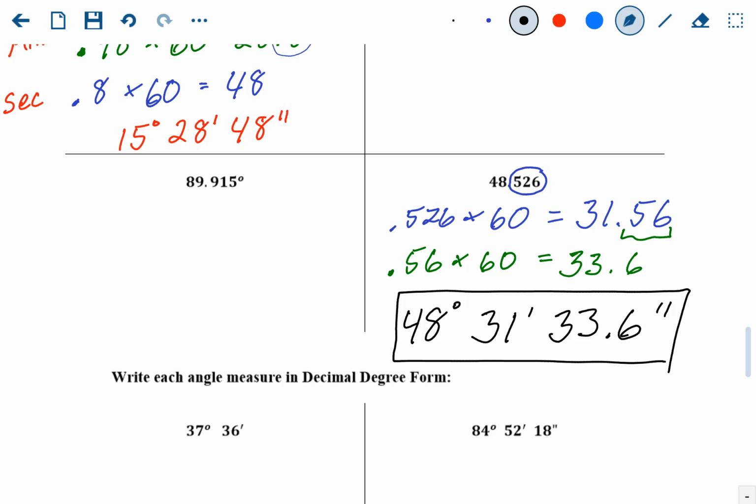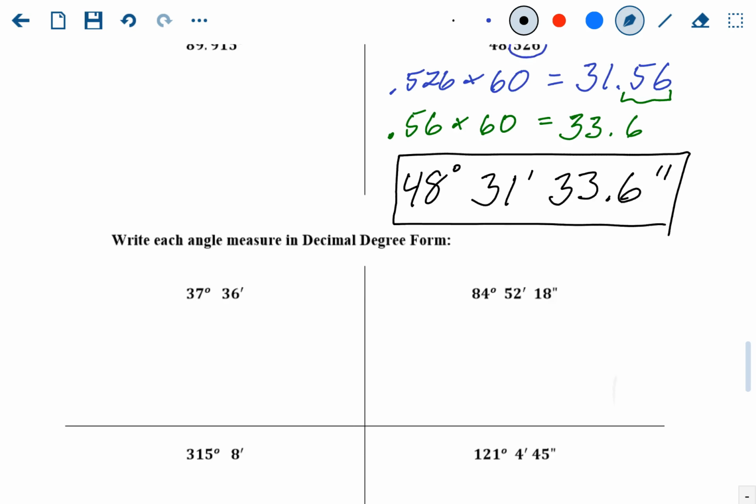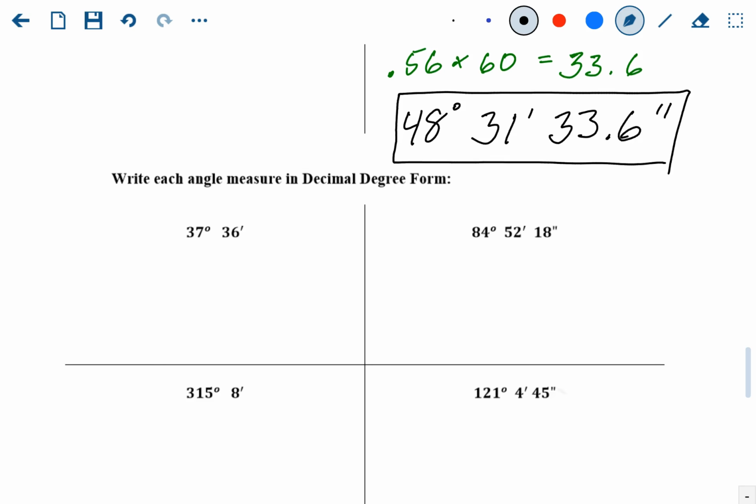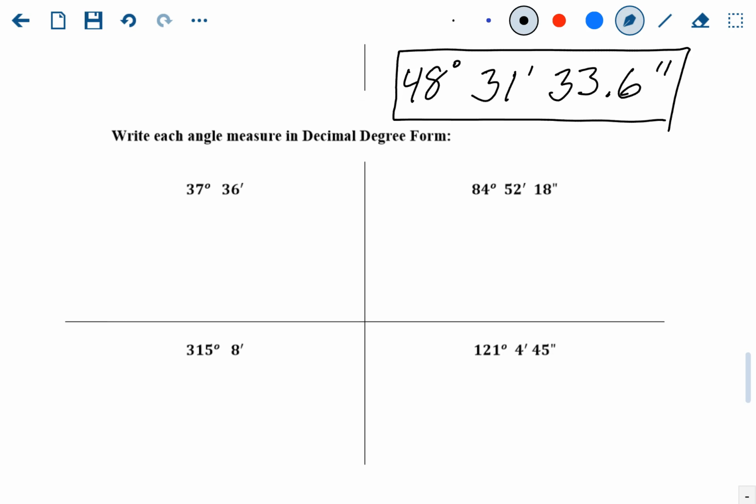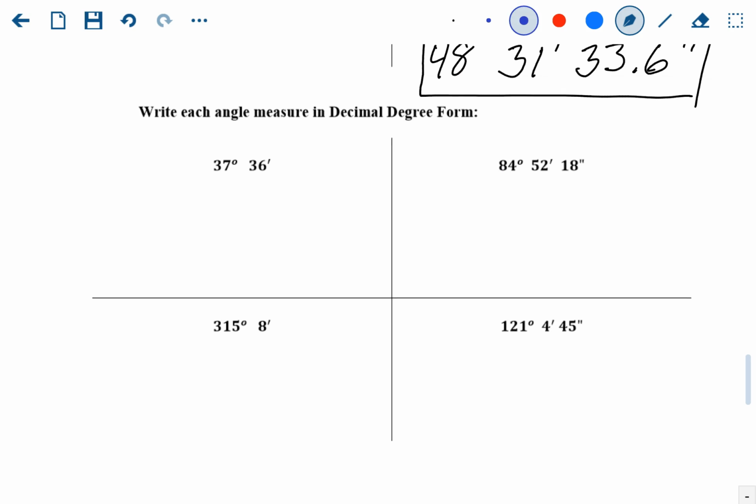All right, and same thing on the other one. I'll just pick 2 from here. Do these first 2. 37 degrees, 36 minutes. Keep mixing those up.